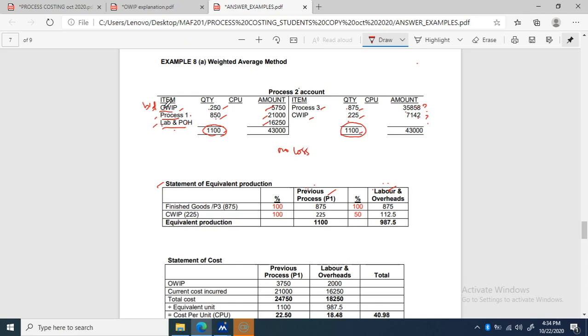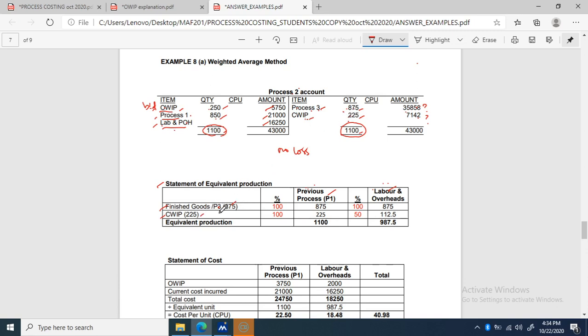OWIP is not a column because it is the balance brought down. What do we have on the credit side? We have P3 and CWIP, so that means we have two rows. P3 should be the output for P2, so that means the finished goods. How many units? 875. Then we have CWIP, 225 units.